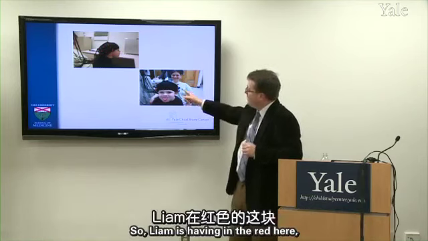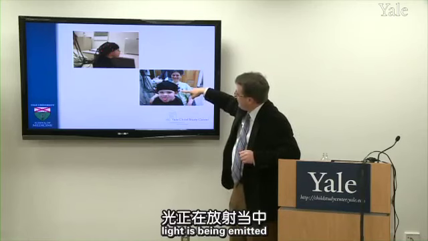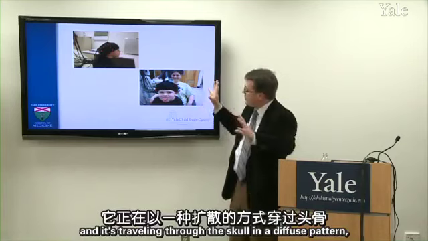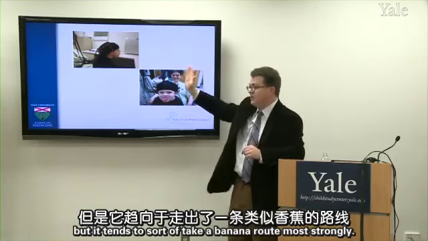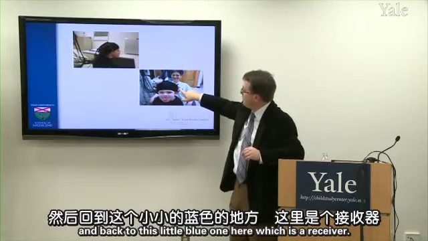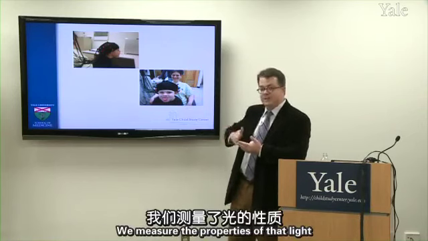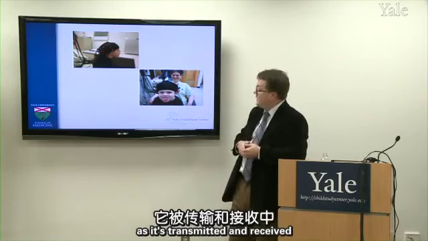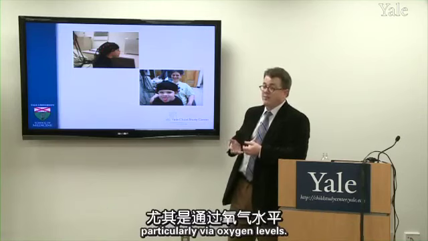And so on Liam, in the red here, light is being emitted, and it's traveling through the skull in a diffuse pattern, but it tends to take a banana route most strongly. It's reflected off of the cortical surface and back to this little blue one here, which is a receiver. And we measure the properties of that light as it's transmitted and received, and we can make inferences about underlying neural activity, particularly via oxygen levels.